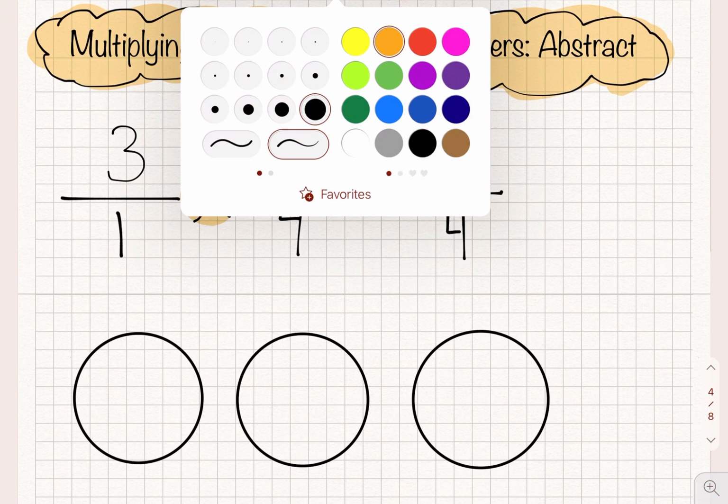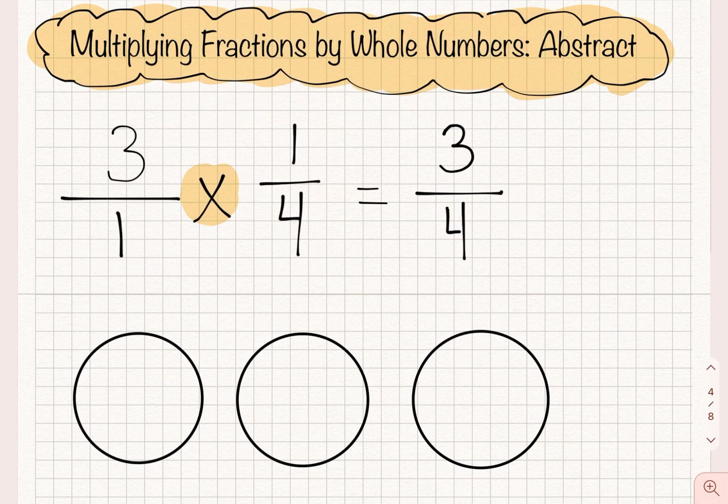So in our numbers up here, we'd say that there are 3 pieces. That's how many pieces I have. And I'd say that I'm multiplying that times 1 piece, and I get 3. And I've identified how many pieces it takes to make a whole in my first fraction here. I'd say it takes 1 piece to make a whole.